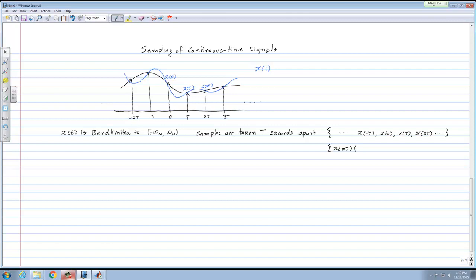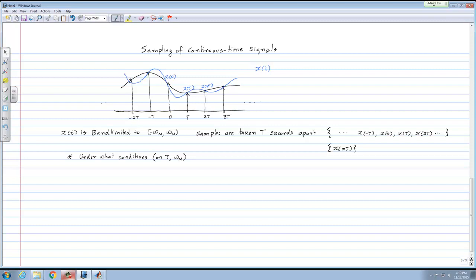So we are interested in three questions. First is, under what conditions, and when I say conditions, I mean conditions on T and omega m?